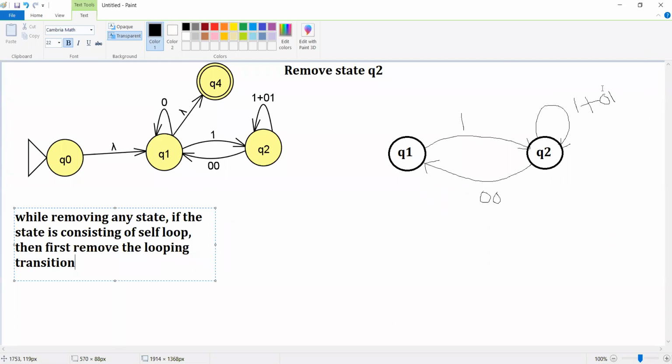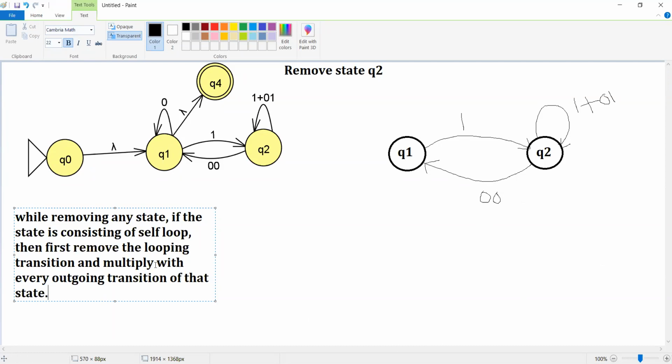So remove the looping transition and multiply it with every outgoing transition of that state.